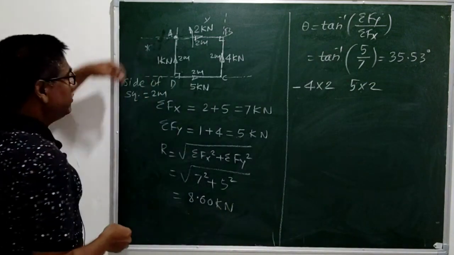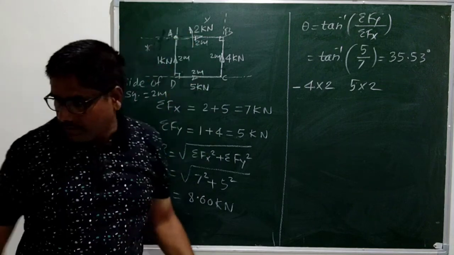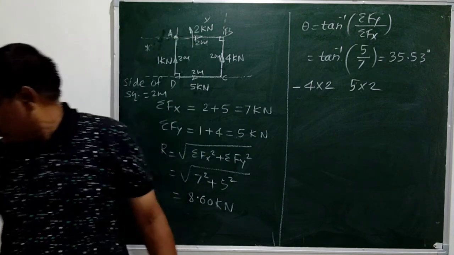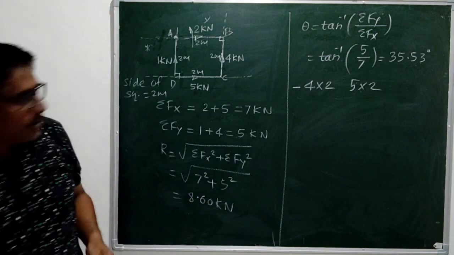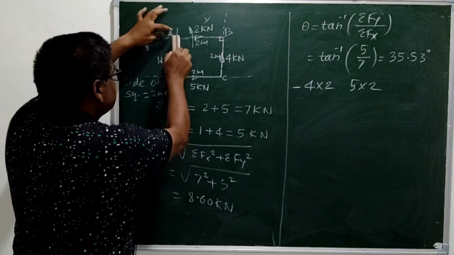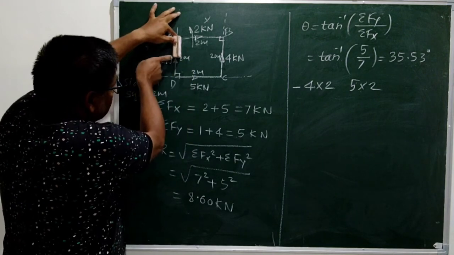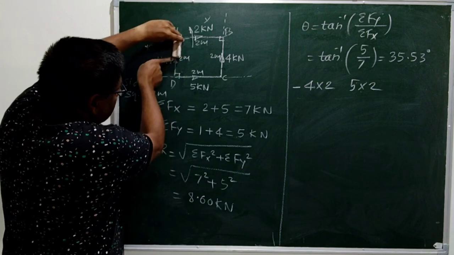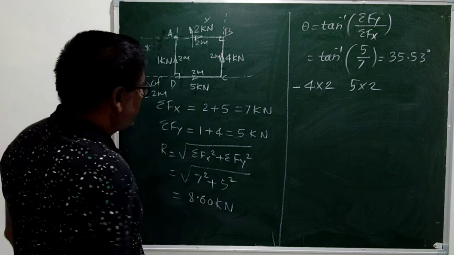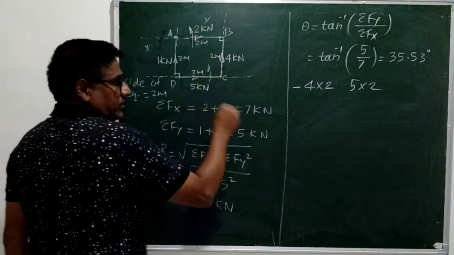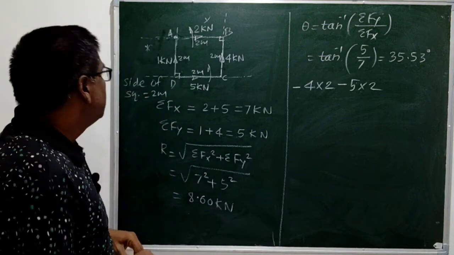Now if you fix this point A, let me use some long object, and if I apply force at the other end in horizontal direction, then it will try to rotate this object in anti-clockwise direction. Therefore we have to take negative sign because we are getting anti-clockwise movement.